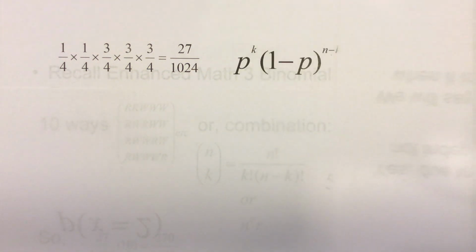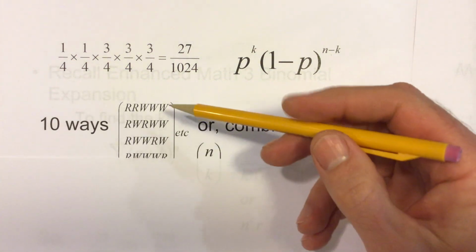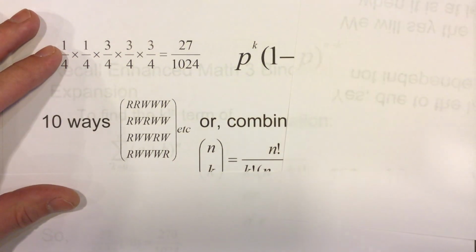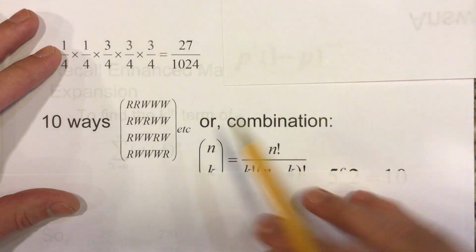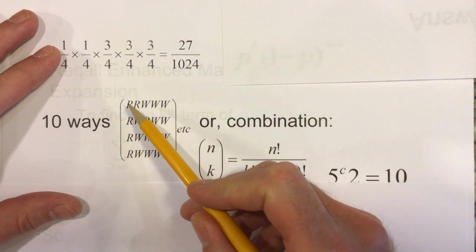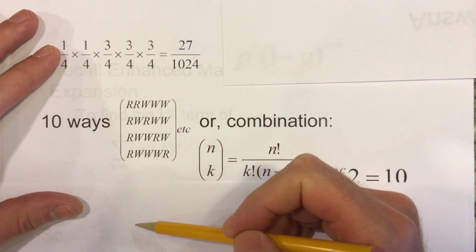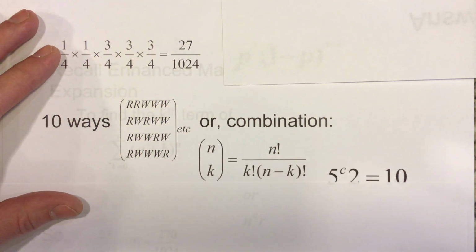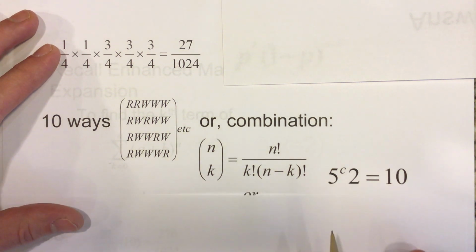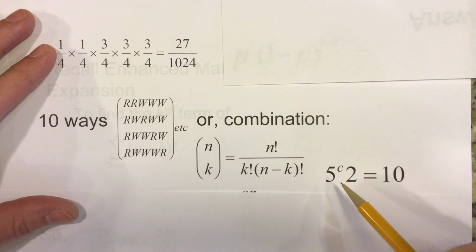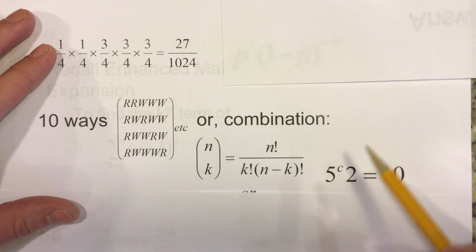You could list them out by hand, right, wrong, right, wrong, and so on. If you listed them all out, you would find 10 different orders or combinations where there's 2 right and 3 wrong.